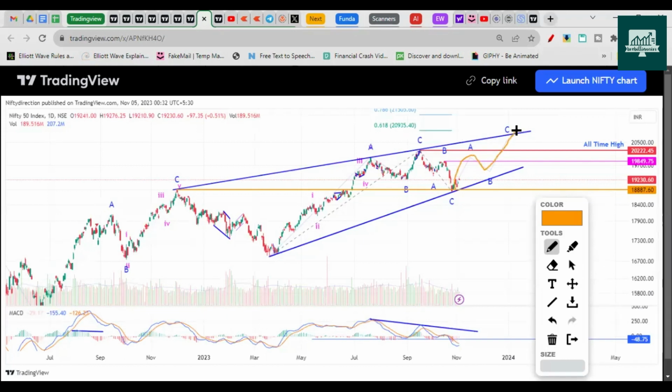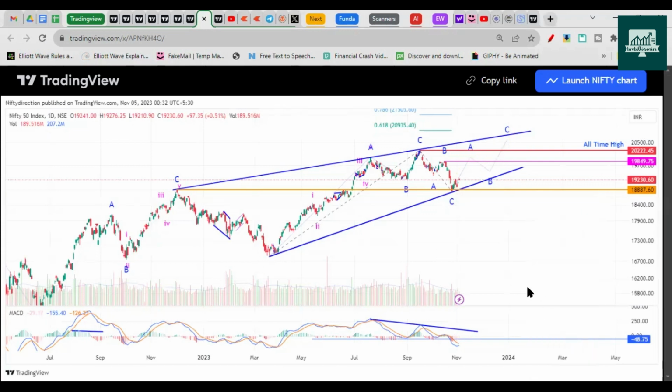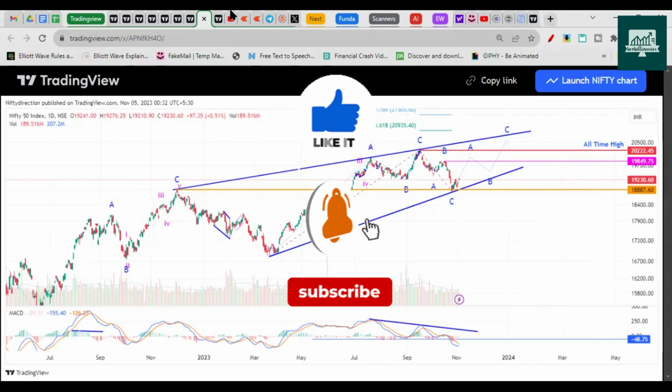It might break this trend line and hit 20,900 something, or 21,000, somewhere near that, if this is a leading diagonal. So this is how we should analyze the Nifty, and this is the chart that we will keep in our mind. And yeah, this is the daily chart time frame. So this is one of the positional views. Sorry, it's not confirmed yet unless 19,850 is broken.